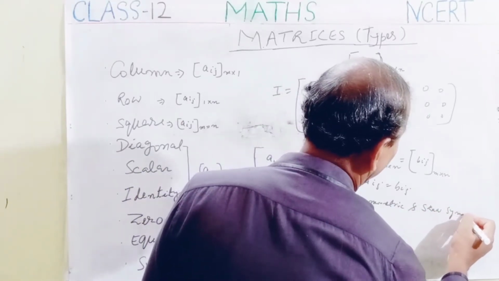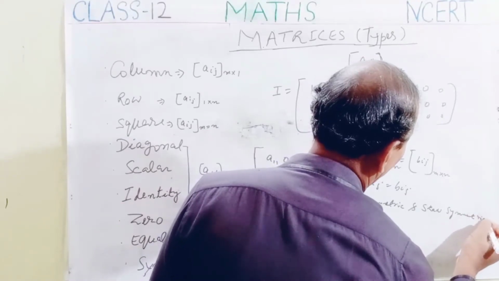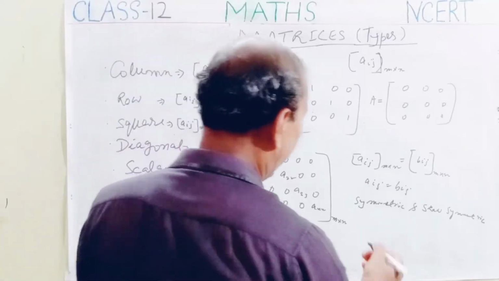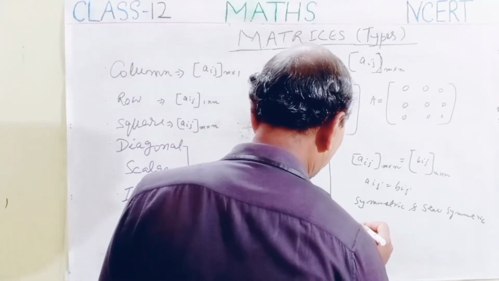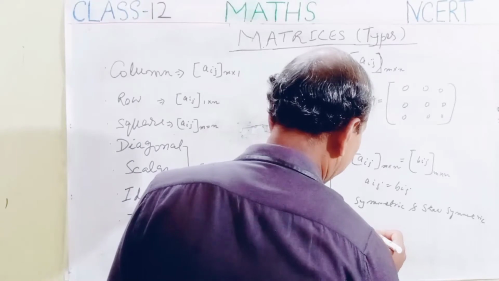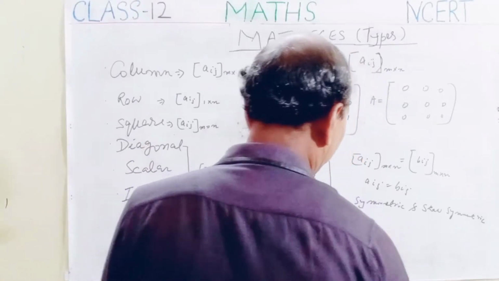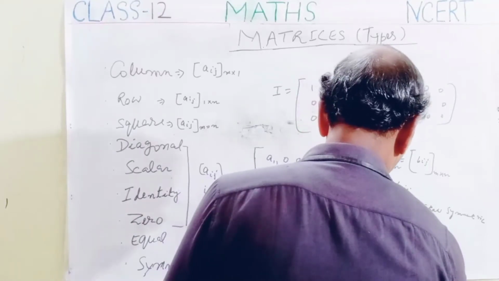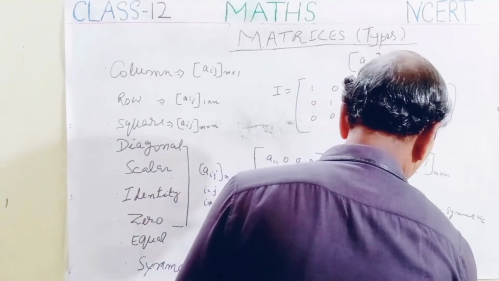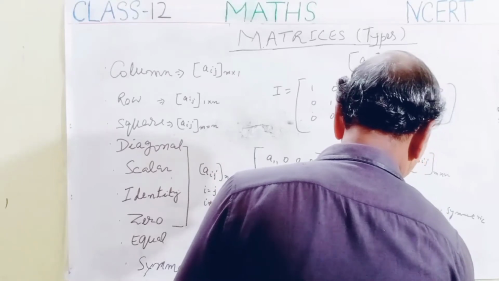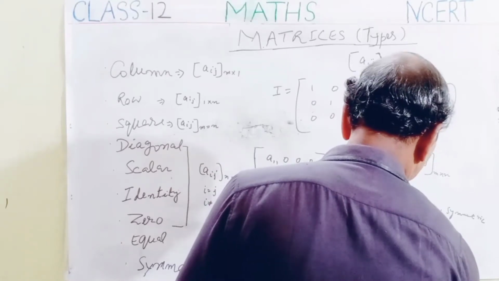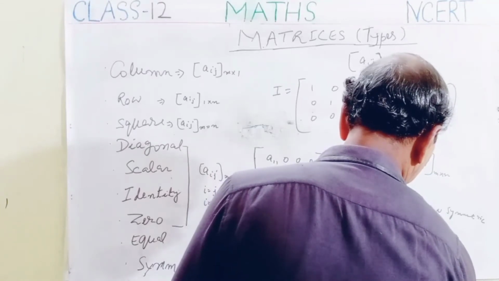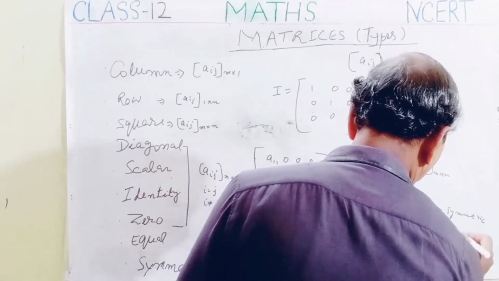I am giving you one example for this. Let's suppose the matrix is denoted by A, and in this A matrix I am giving one example. It is root 3, 2, 3, then 2, minus 1.5, minus 1, then 3, minus 1, and 1.